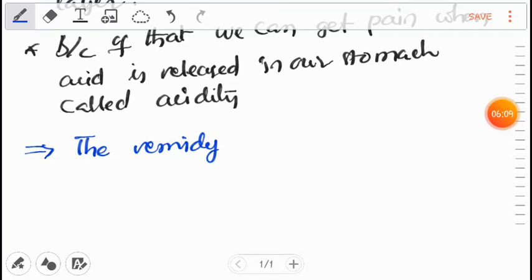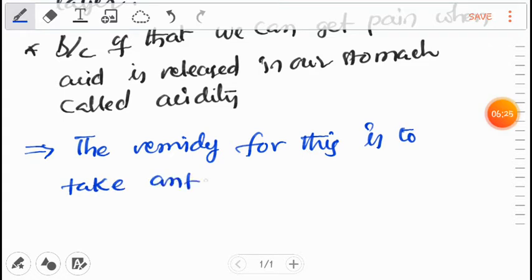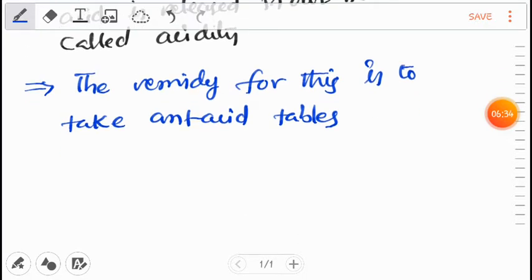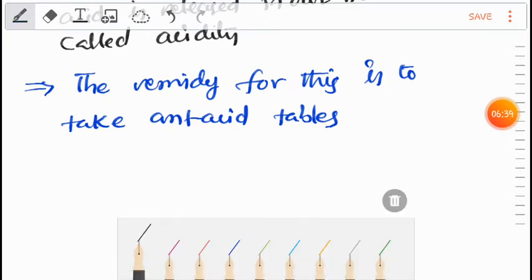Delay should not be maintained. The remedy for this is to take antacid tablets, nothing but Eno, which is so frequently used by customers or patients.